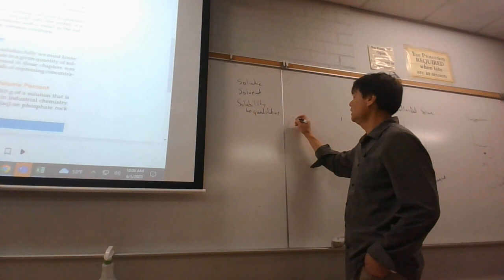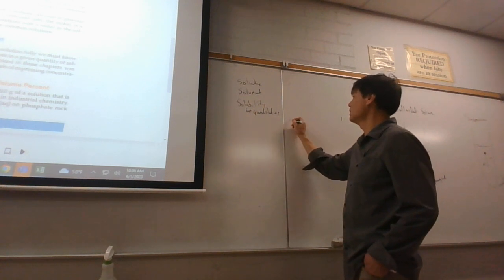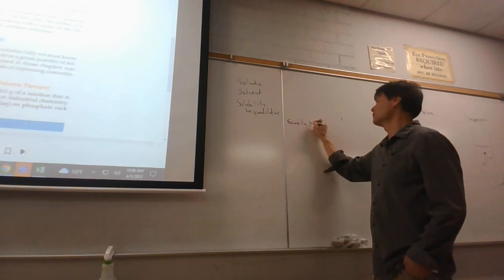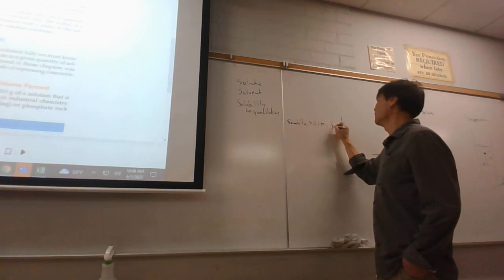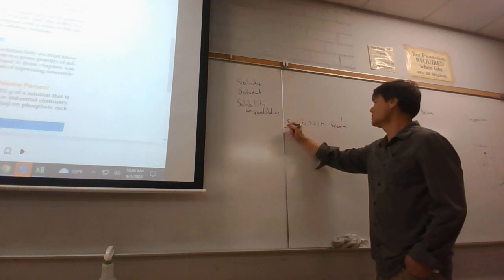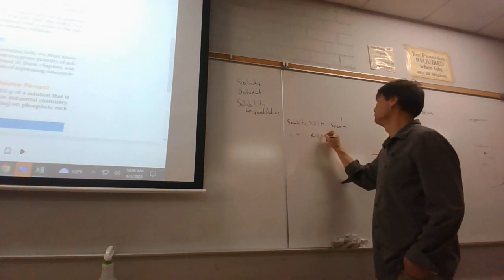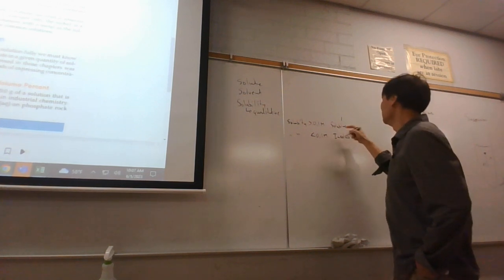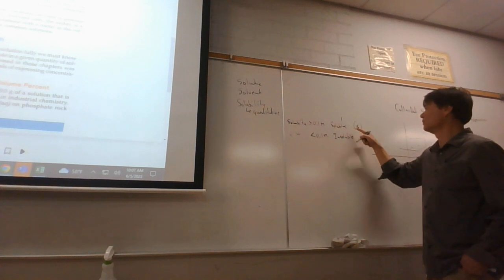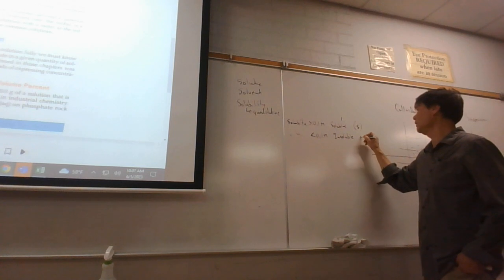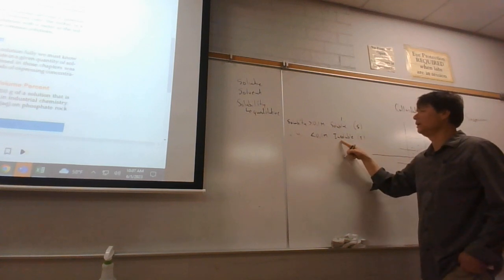For qualitative, S has different definitions as well, so I'll just call it the solubility. If the solubility is greater than 0.1 molar, then we call it soluble. If the solubility is less than 0.1 molar, then it's insoluble. We use S to refer to soluble and I to refer to insoluble here.